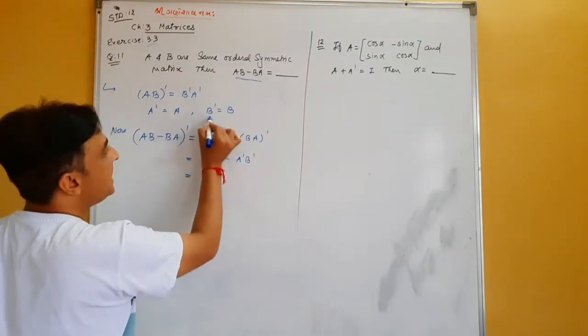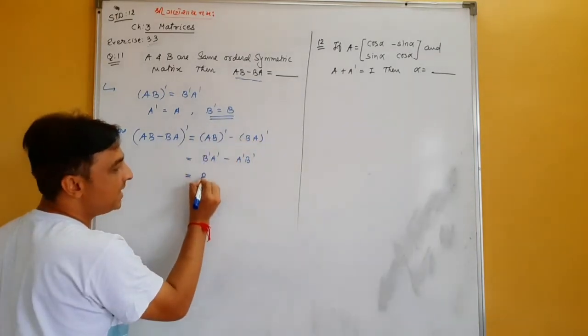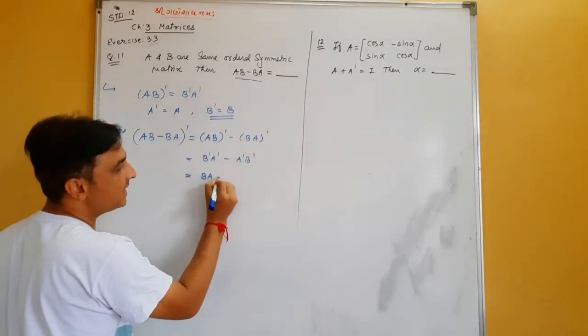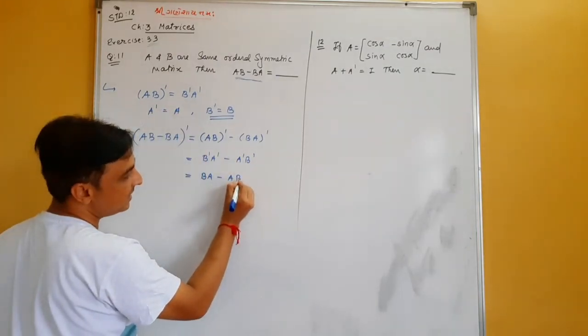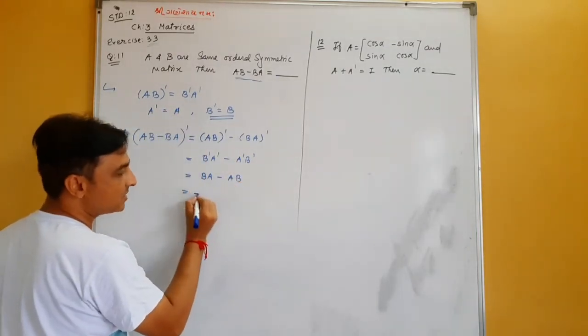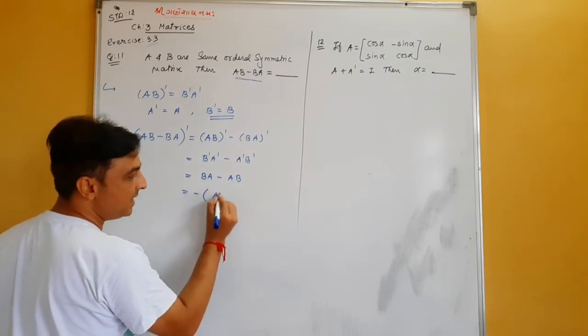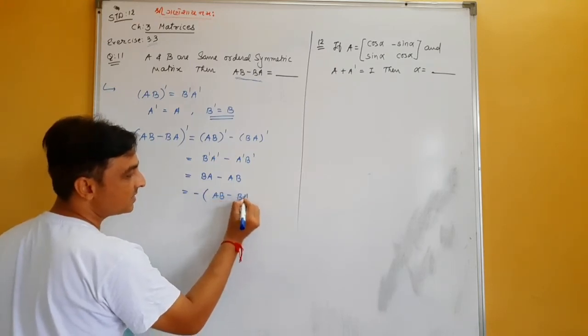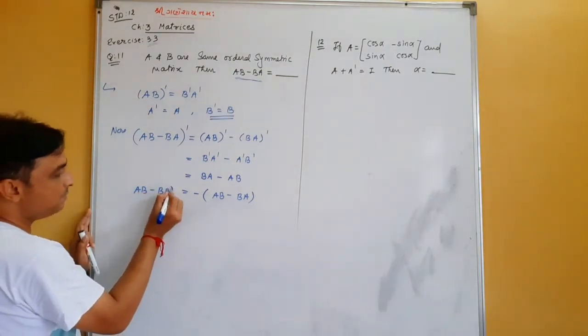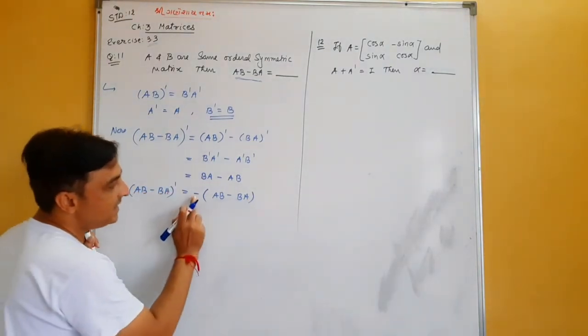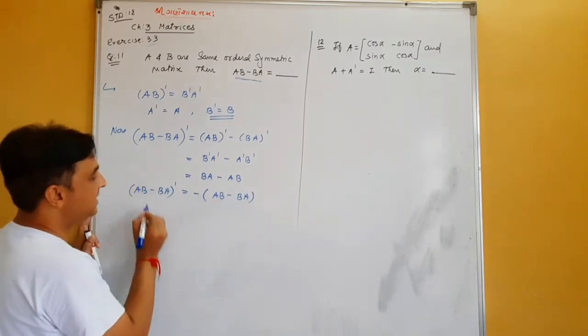Now B dash is B and A dash is A, so it is BA minus AB. Take minus common, so it will be minus (AB minus BA). So (AB minus BA) dash is minus (AB minus BA).